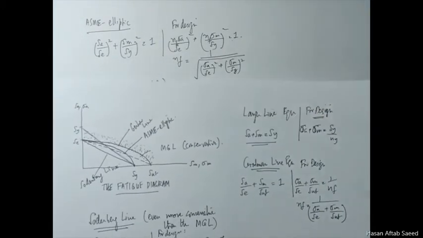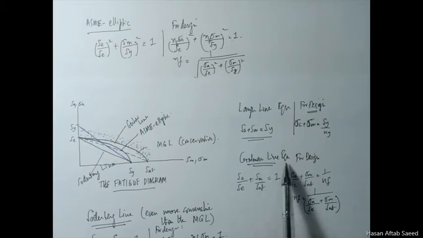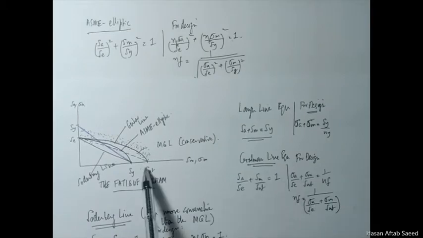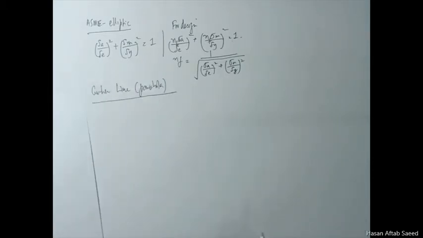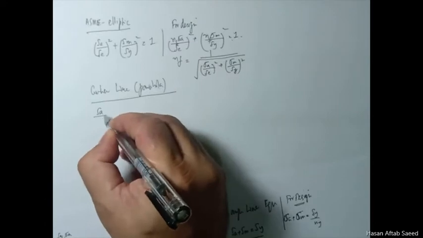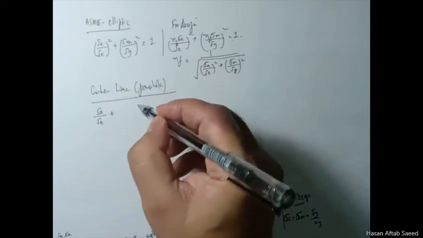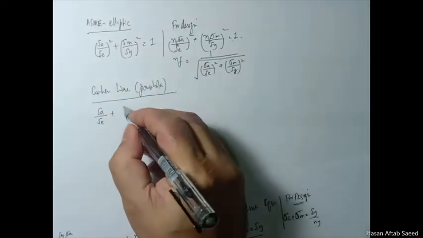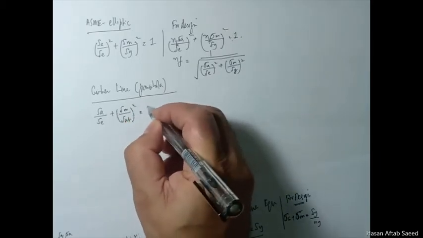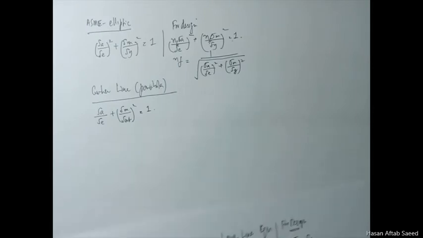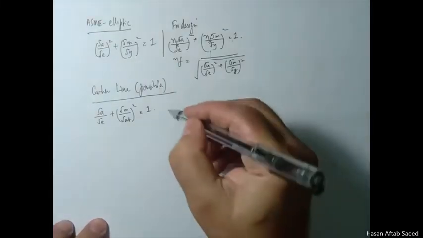the quantities are the same as the Goodman line, SA, SE, SM, SUT, because we start and end at the same point, but the difference is that we have a square on one of these. SA over SE, the same as the modified Goodman line, plus SM over SUT, squared here because it's a parabola, is equal to 1.